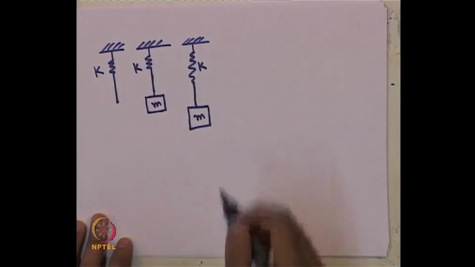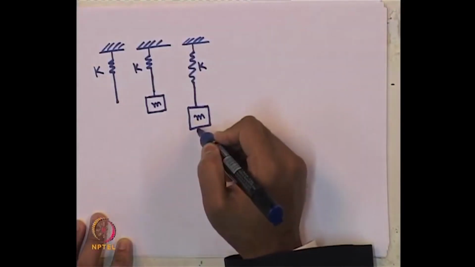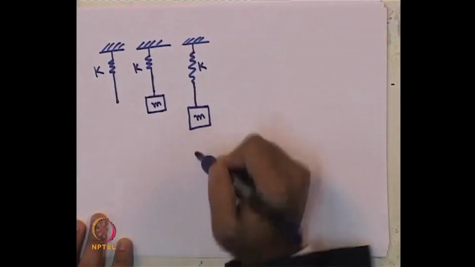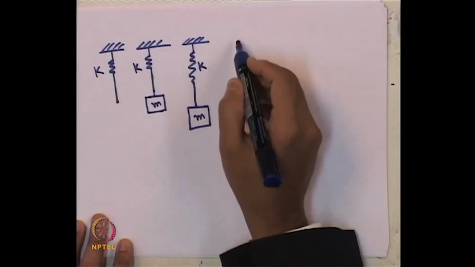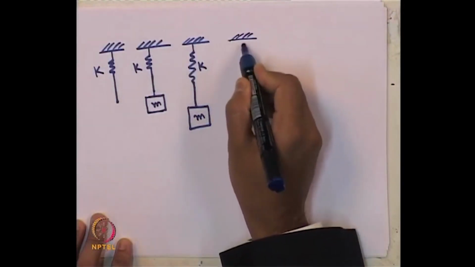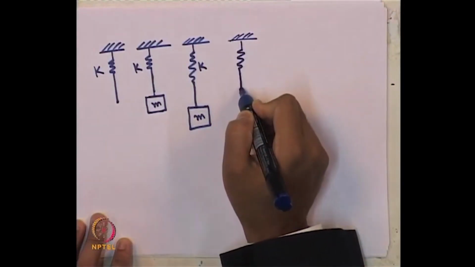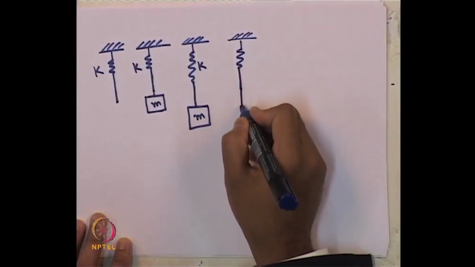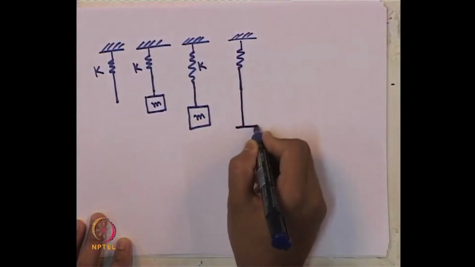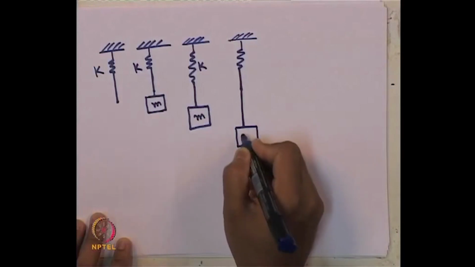Now, about this point, let us say we apply some vibration to the system. So now it vibrates with respect to this axis, and the new position, let us say, is somewhere here.